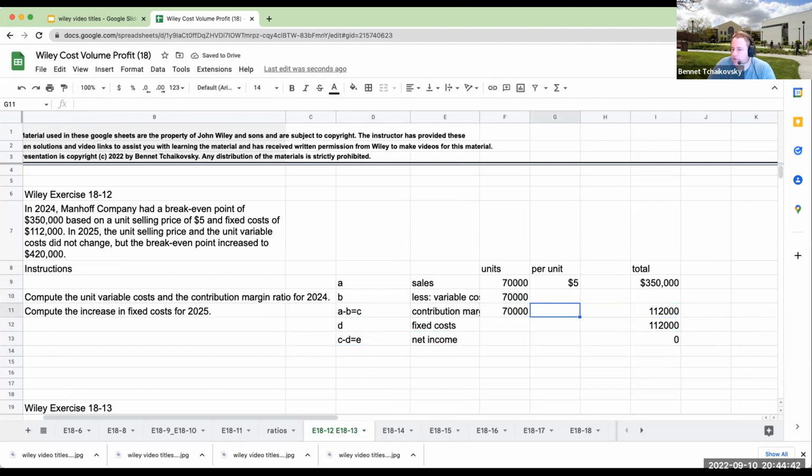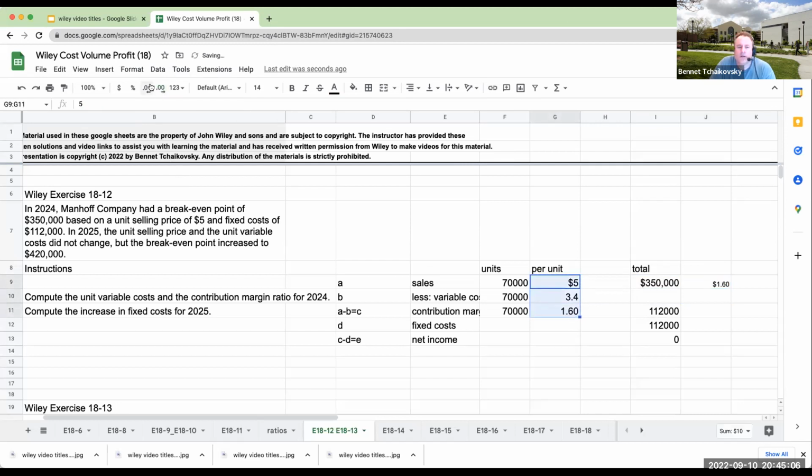So what was the contribution margin per unit? I take 112 divided by 70, and I get 1.60. That means the variable costs are going to be 3.4, so 5 minus 3.4 equals $1.60.